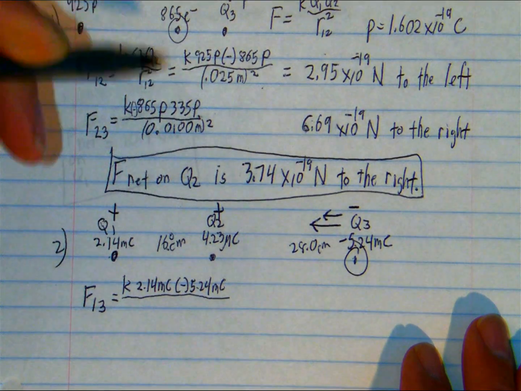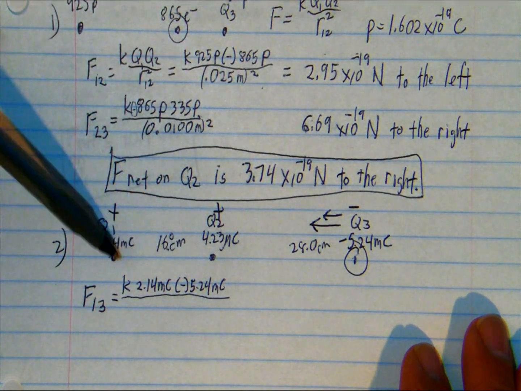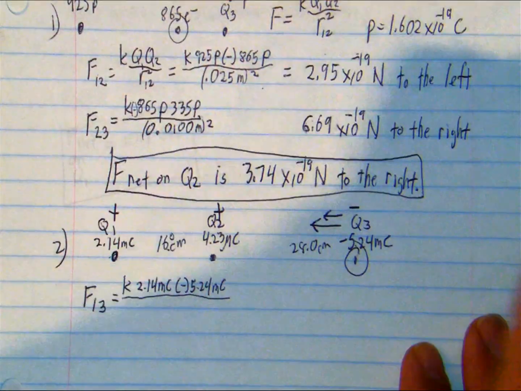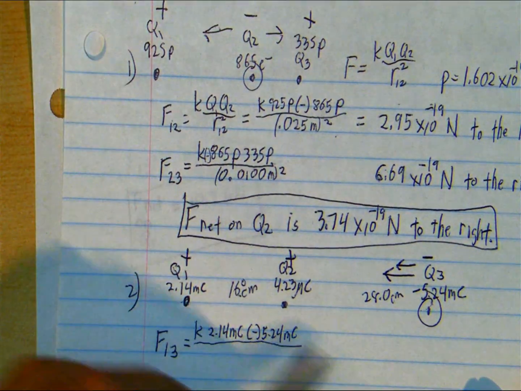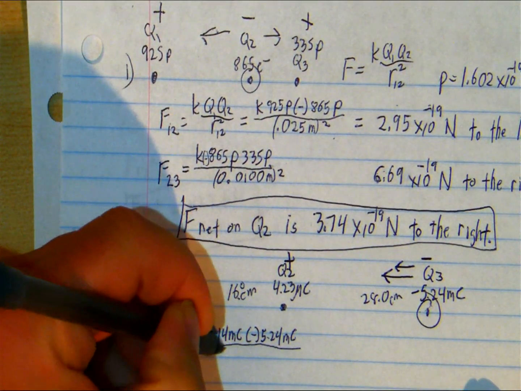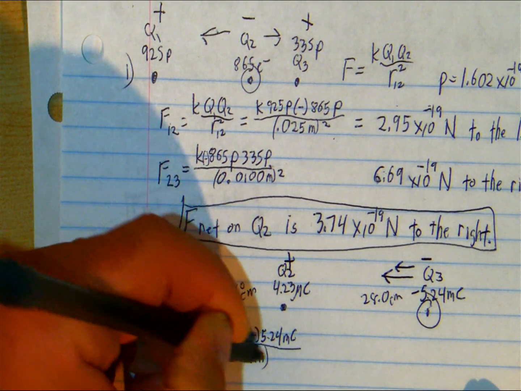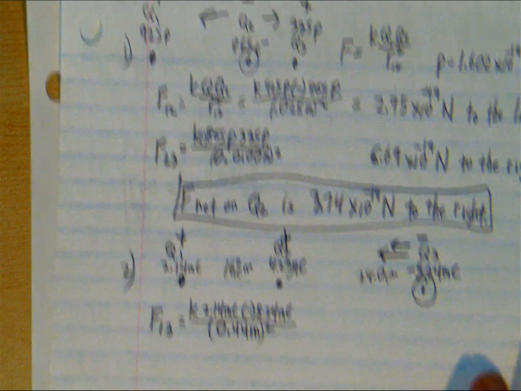And now you have to divide it by the distance from 1 to 3. Well, first we go 16 centimeters, then we go an additional 28 centimeters. So really, we're doing 16 plus 28, which I can't do in my head anymore, which is 44 centimeters, which I can still convert to meters by dividing by 100. At least I can do that one in my head. And say the distance between Q1 and Q3 is 0.44 meters.